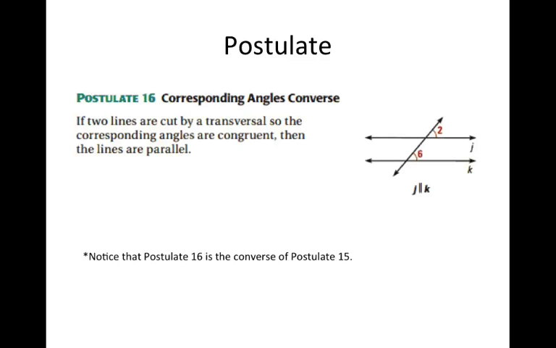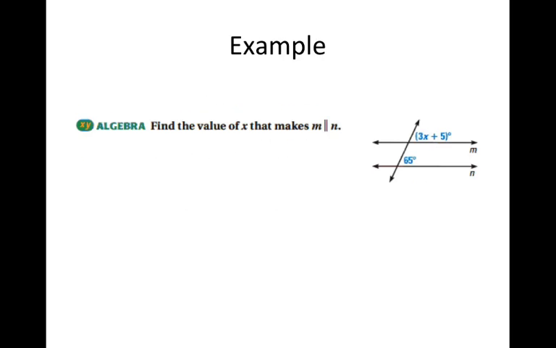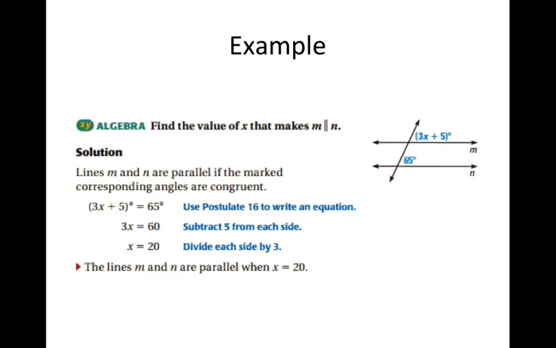Let's use this example. I have a situation where I want to find the value of x that will guarantee lines M and N are parallel to each other. Well, we know from the postulate, if we can make those two angles congruent, then the lines have to be parallel. So we're just going to take those two expressions and set them equal to each other, because we know congruent angles have equal measures.